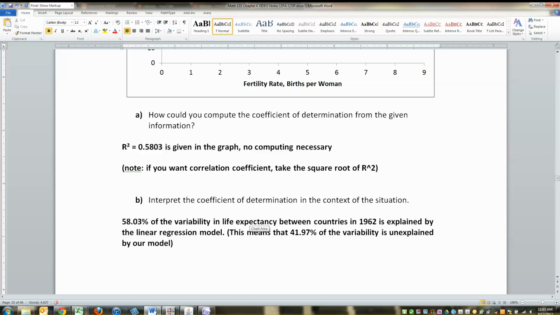That means that 41.97, I'm doing that by subtracting it from 1, right? Because 100%. So 41.97% of that variability is unexplained. It's happening for reasons that are out of our control or not accounted for by our model, right? Happening for reasons not accounted for by our model.